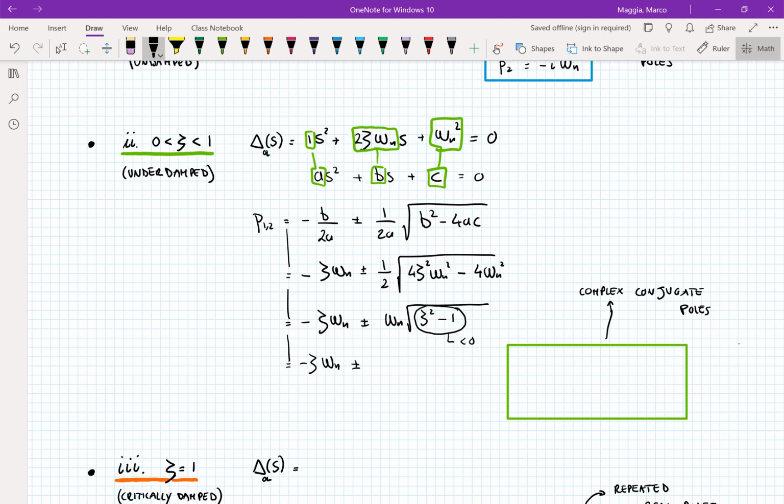So the poles are actually minus zeta omega n plus or minus j omega n, and now we have to invert the order, so it's going to be 1 minus zeta squared. So to recap, P1 is minus zeta omega n plus j omega n square root of 1 minus zeta squared, and P2 is very similar, but we have a minus sign.